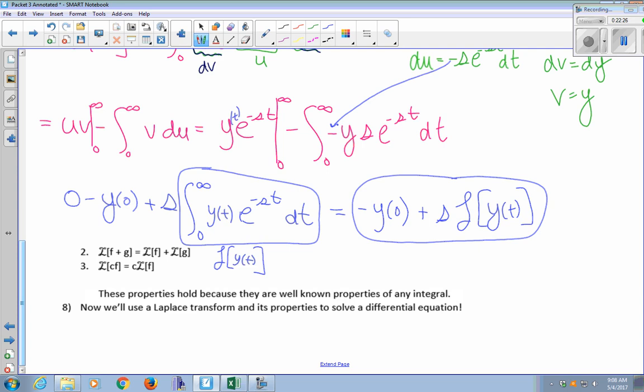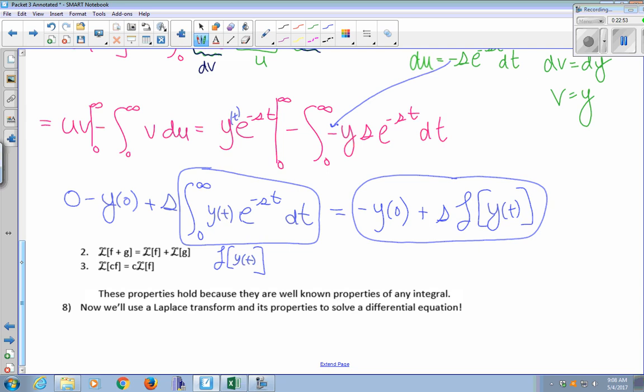So that's the most important property of the Laplace transform. It's the hardest to prove. These other two we're going to use a lot, and they come from straightforward properties of integrals. The integral of a sum is the integral of f plus the integral of g, and if you take the integral of a constant times f, you can pull the constant out of the integral. So these two follow directly from properties of integrals, and we won't take the time to write it all out.